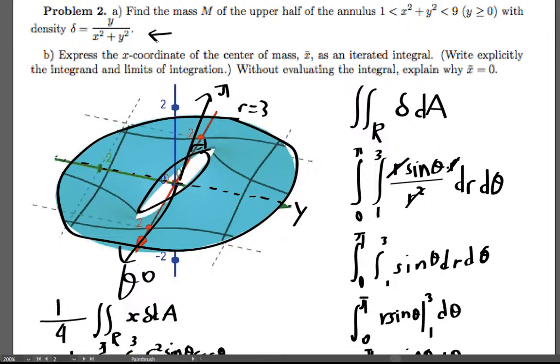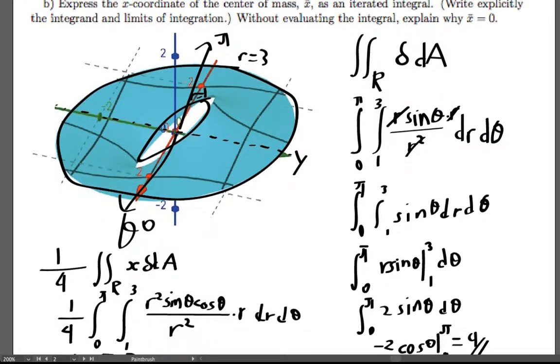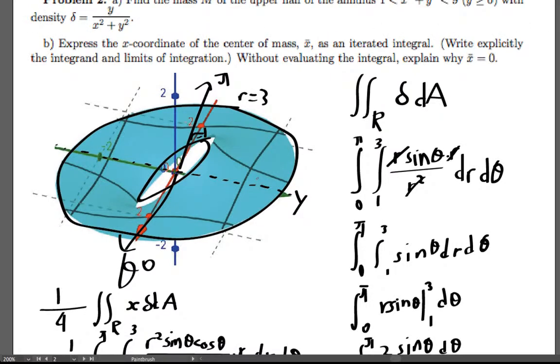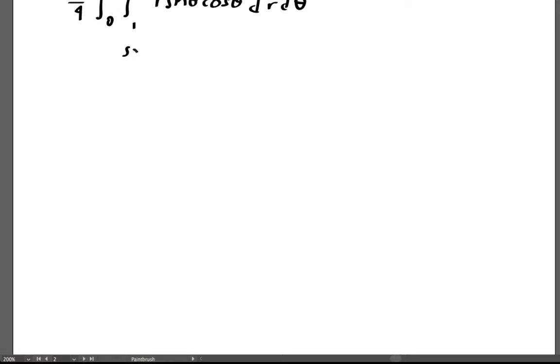So that means it is a symmetrical object about the y-axis. When you have something symmetrical about the y-axis, you know for certain that x bar would be 0. So why is x bar equal to 0? Because it is symmetrical.